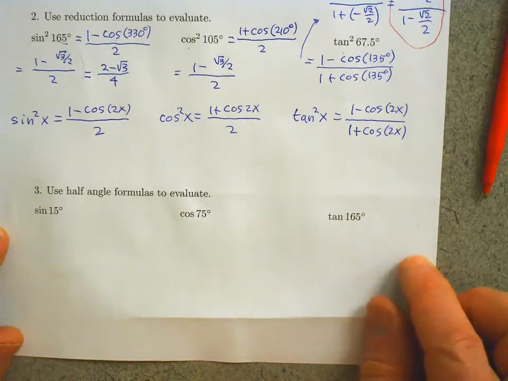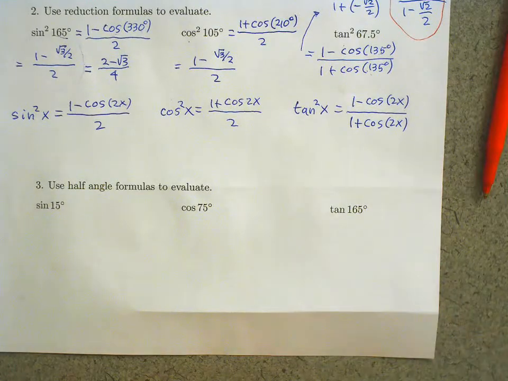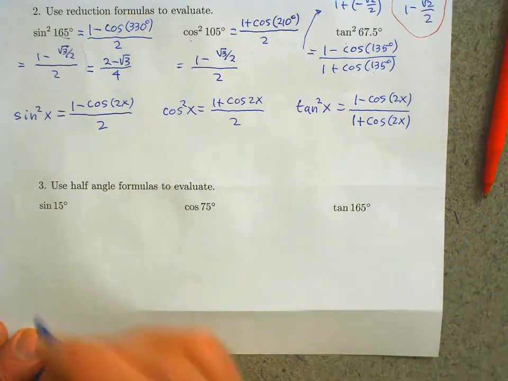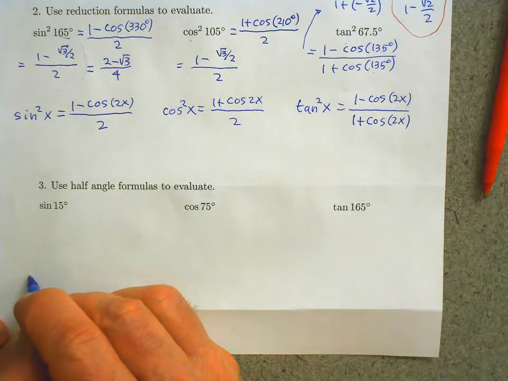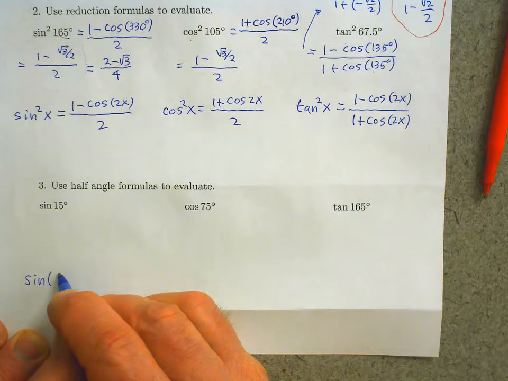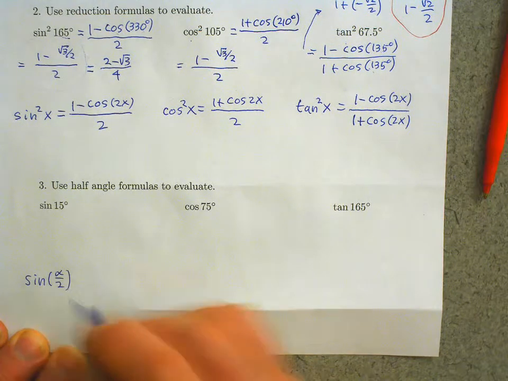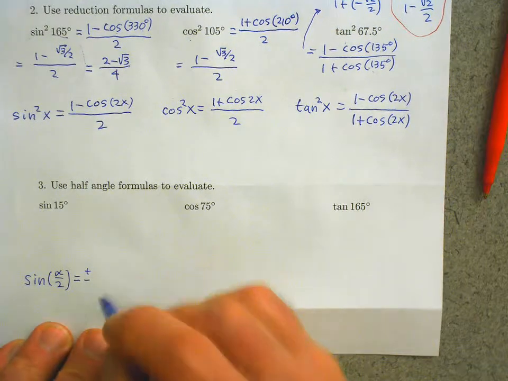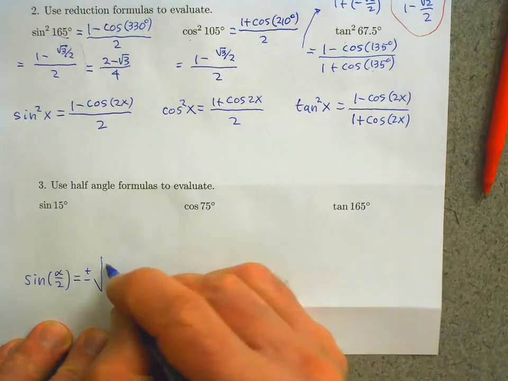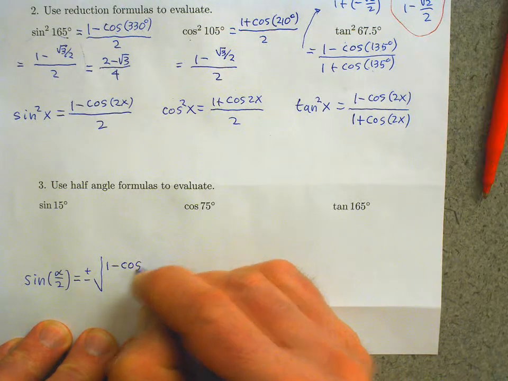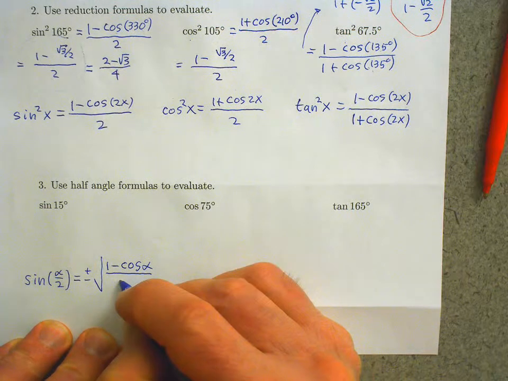Okay, the next part, use half angle formulas. So the half angle formula for sine, sine of alpha over 2, that's equal to positive or negative square root of 1 minus cosine of alpha over 2.